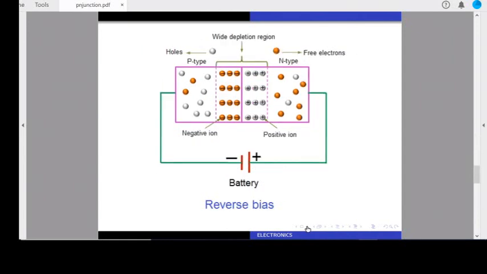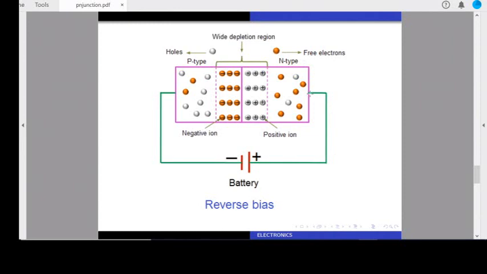In the reverse bias, the connections to the external parts of the p-n junction are going to be reversed. That is, the negative terminal of the battery is connected to the p-type side, and the positive terminal of the battery is connected to the n-type side of the p-n junction.